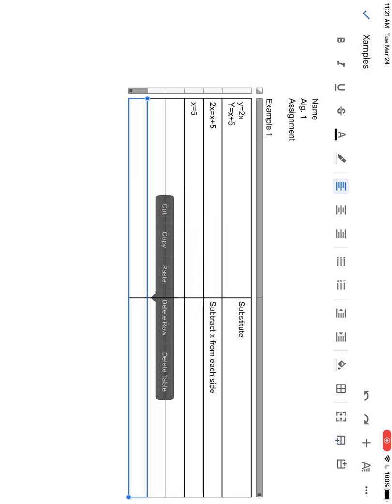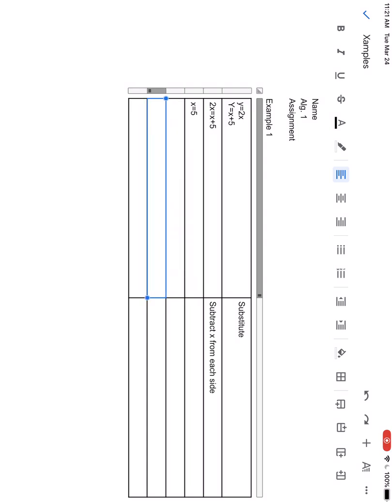Okay, so you get the blue cell around, and you get a whole new set of options here on the right side. There's this icon with a plus sign at the bottom. That is add row. Boom, add row. And I think I'm going to need like 2 or 3 more, so I'm just going to give myself a few more. You could also just give yourself a bunch to start with and then delete the ones you don't use.